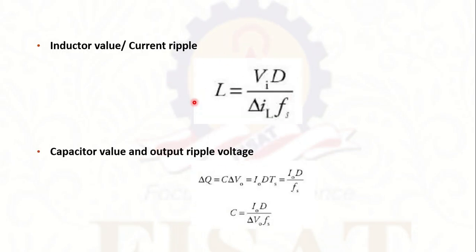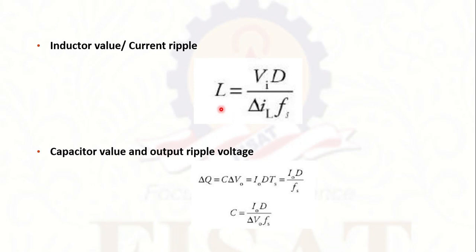Now the inductor value and current ripple. The inductor value is given by L equal to Vi into d divided by delta IL into Fs, where Fs is equal to 1 by Ts. We have to memorize this equation. There is no need to study the derivation of this equation because it is not mentioned in the syllabus.